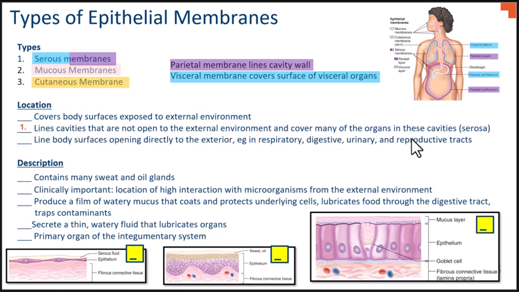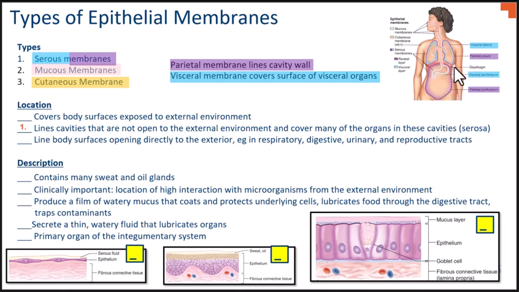If we look up at this image here, you can see what's outlined in purple and what's outlined in blue. These are serous membranes. So it's lining parts of the structure on the abdomen, the lungs, and shown here the stomach. And then there's many other organs of the body that also have a serous membrane that's not shown here.